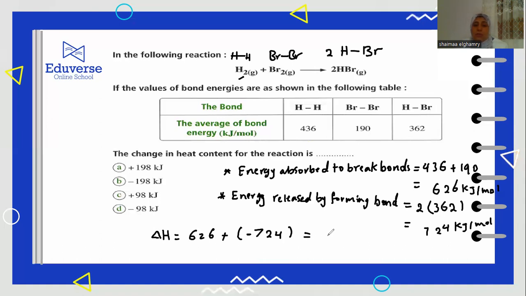So it will be negative 89 kilojoule, which is D. So choice D is the correct choice.